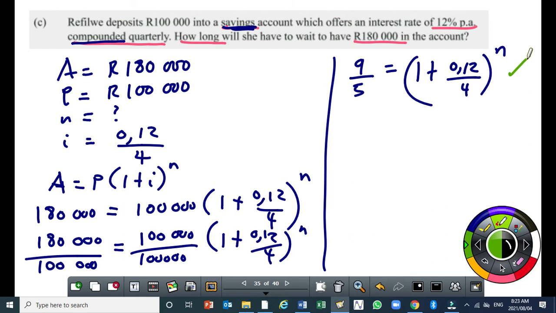Now, there are two ways, but I feel like I just need to show you one way to avoid unnecessary confusion. From yesterday's lesson, you should know that we are trying to calculate n. So you drop down the n, and this 1 plus 0.12 over 4 becomes your base. So it will be the logarithm of 9 over 5 to base 1 plus 0.12 over 4.